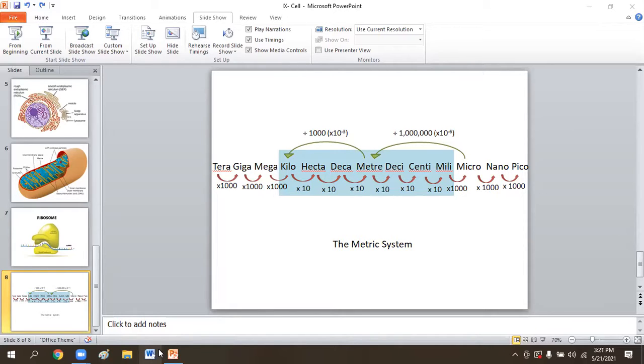Okay, first let's do this. Question 2.5: the mitochondrion in figure 2.9 is magnified 20,000 times. Using a ruler, carefully measure the maximum length of the mitochondrion.